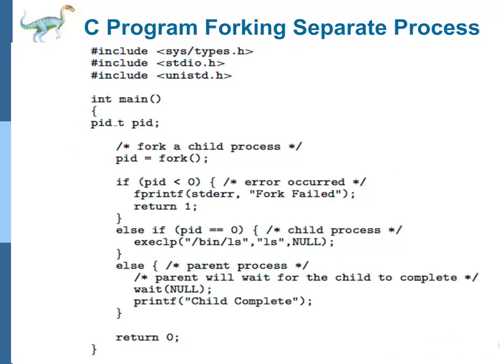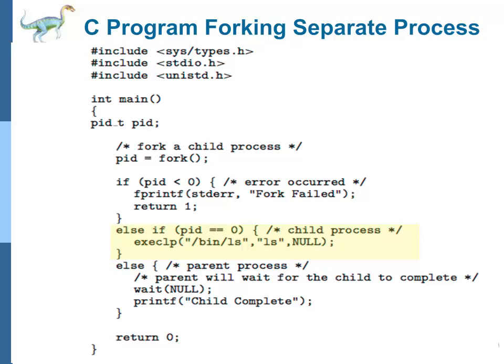This is an example of a C program. pid = fork(), so it will create a new process. If the pid of the newly created process is less than 0, that means an error happened. If pid is 0, it identifies the child process.